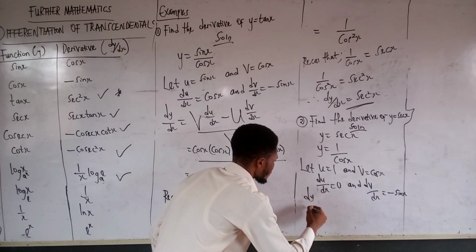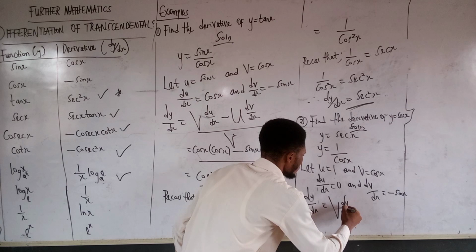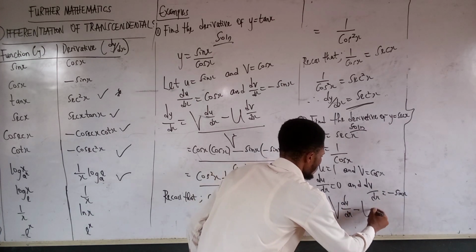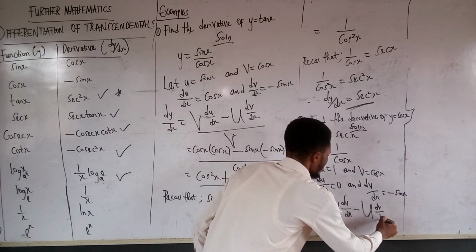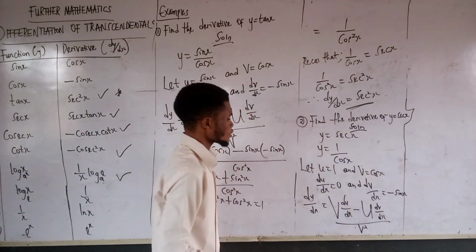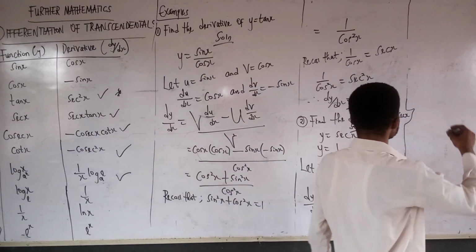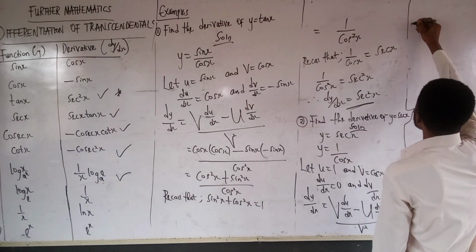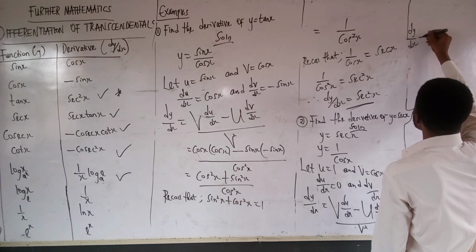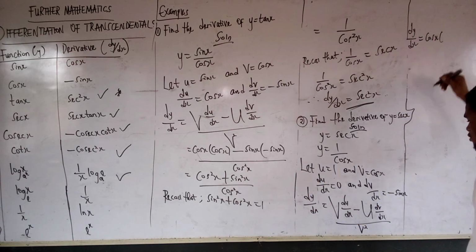Since I know that dy/dx for the quotient rule is v du/dx minus u dv/dx, divided by v squared. So what is our v? Cos x.